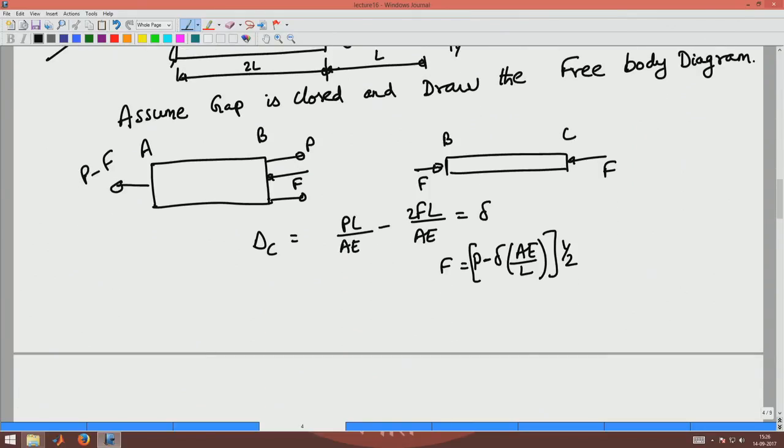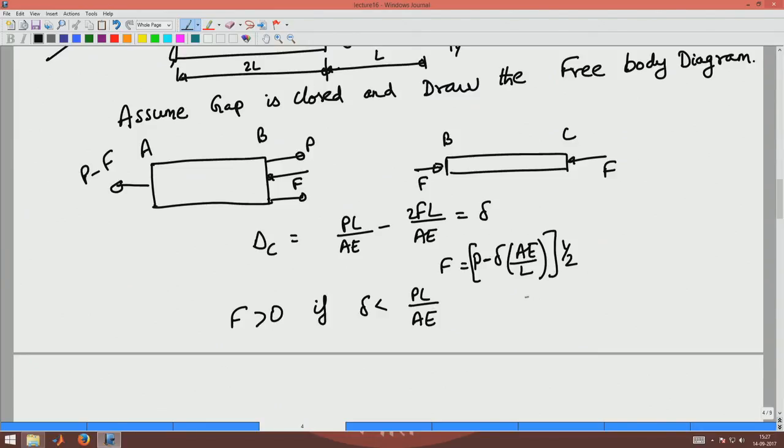Okay. Now, let us understand what this means. F would be greater than 0 if delta is less than PL by AE.